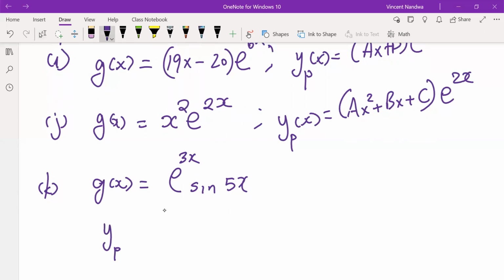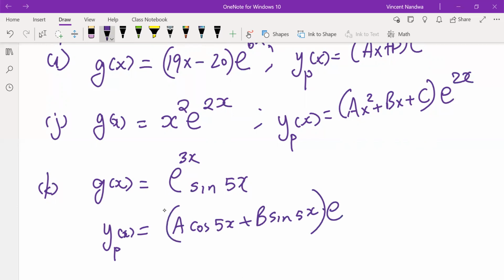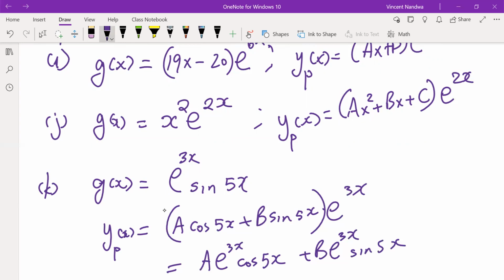So then yp of x will be a cos 5x plus b sine 5x, then multiplied by the exponential, which reduces to a e raised power 3x cosine of 5x plus b e raised power 3x sine of 5x.